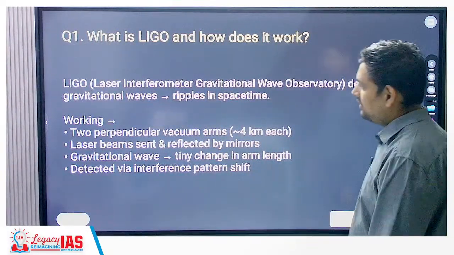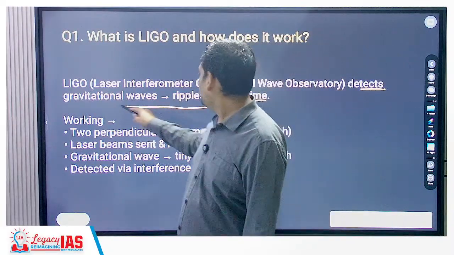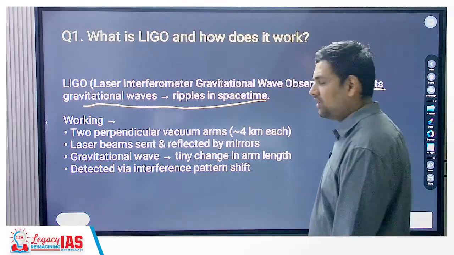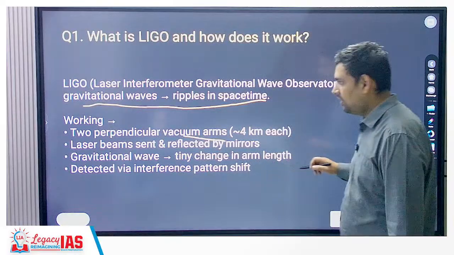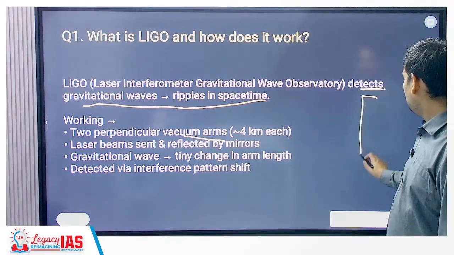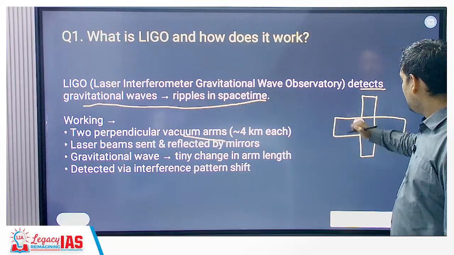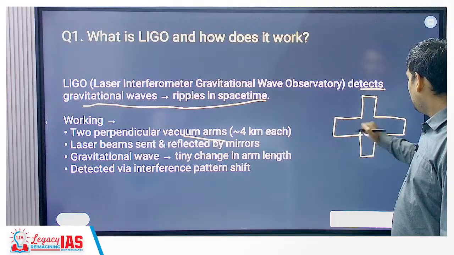So you see here, LIGO detects gravitational waves, which are ripples in space-time. Now how does it work? See, two perpendicular vacuum arms are made. So let's say this and this, like this.